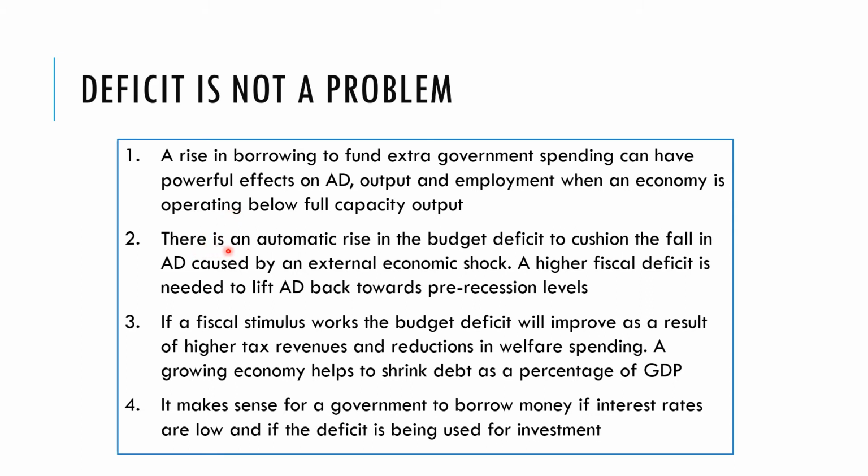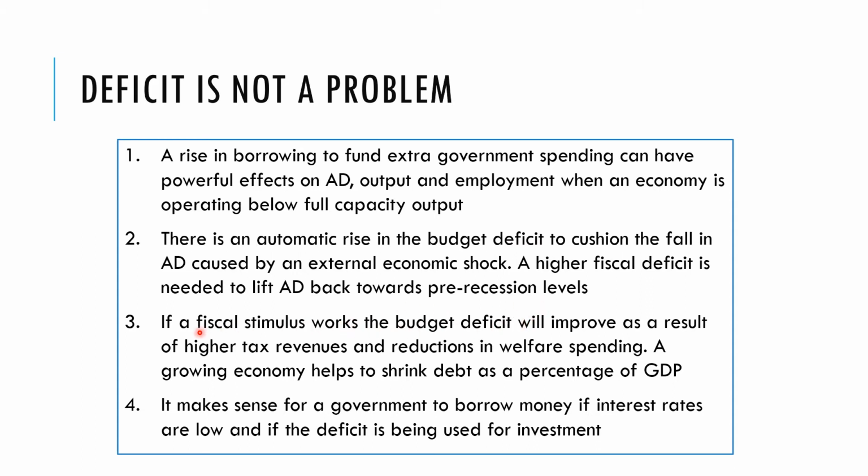Often we would expect a deficit to occur to cushion the fall in AD that is caused by an external economic shock. So for example, the fact we have had a recession recently and not a particularly strong recovery would suggest that actually there should be a budget deficit, government spending should be higher than taxation to get us back towards pre-recession levels.